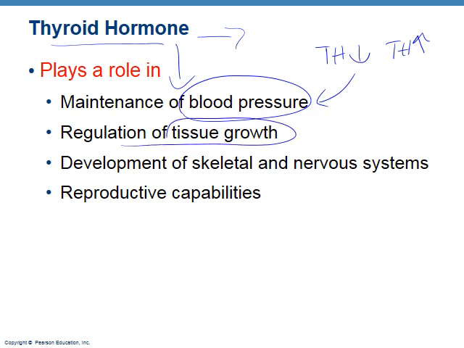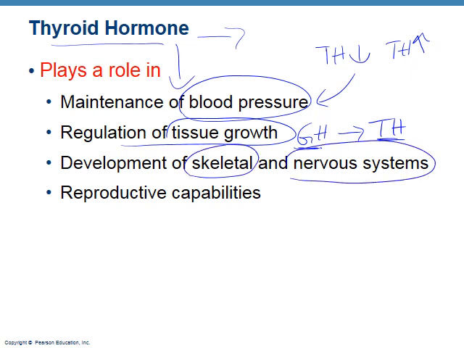It also regulates tissue growth. If we have growth hormone, we also need thyroid hormone. Remember, if you're growing, do you need an increased metabolism? Yes. It's also directly involved with nervous cell and skeletal development and can play a role in fertility or reproductive capabilities, so it can work in conjunction with FSH and LH as well.